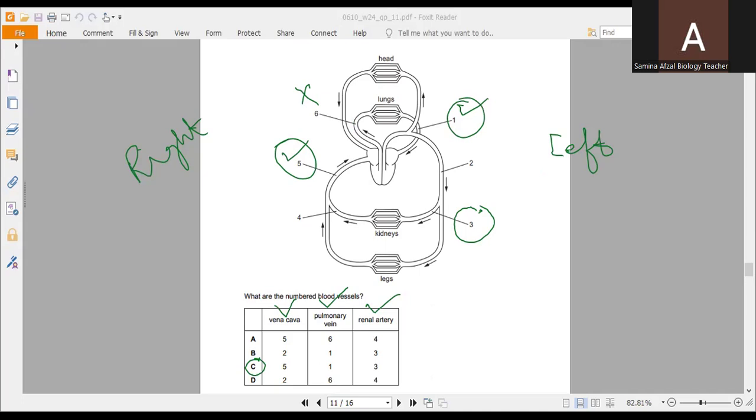And 2 is the aorta, which is the major artery which will distribute the blood to different arteries, and then they will provide it to the different organs of the body. So in this way, only C is the correct option. A, B, and D are not the correct options.